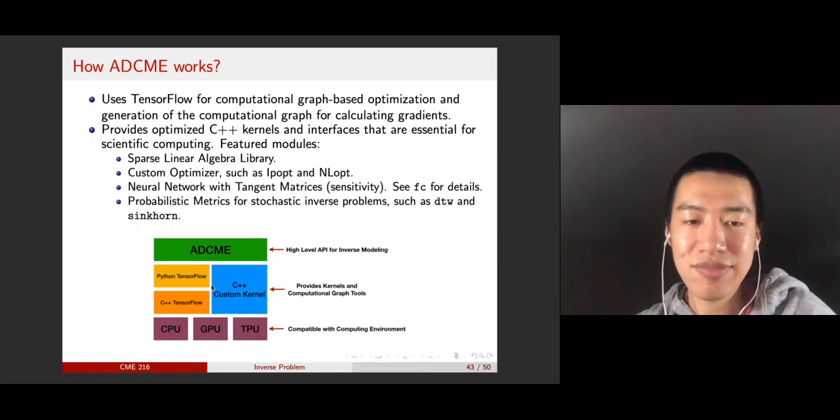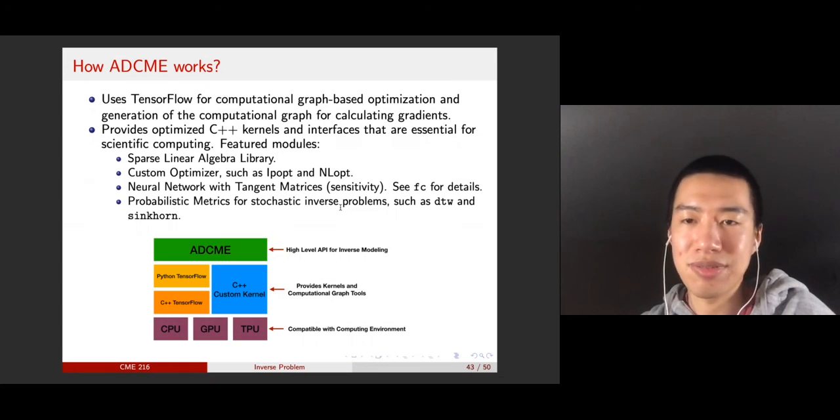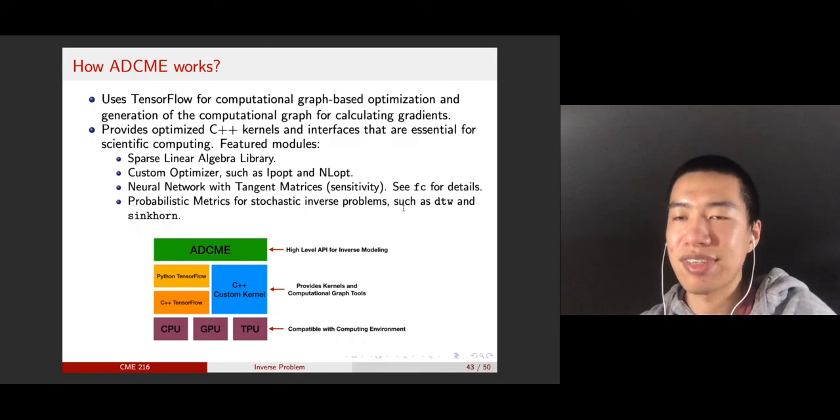It's built on TensorFlow, but more than TensorFlow, it has a sparse linear algebra library and also custom optimizers. Maybe you have already used those in your research, like Ipopt or NLopt, which are very popular optimizers in scientific computing. And you also want some other utilities, for example, a finite element library.